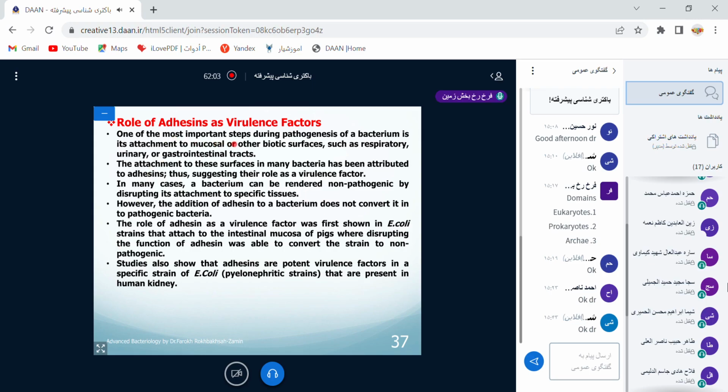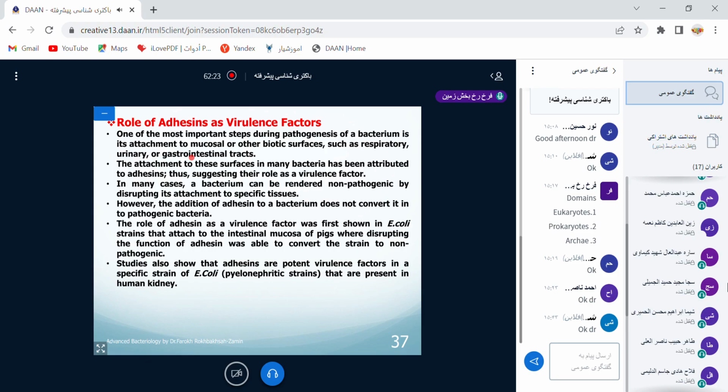One of the most important steps during pathogenesis of a bacterium is its attachment to mucosal or other biotic surfaces, such as the respiratory, urinary, and gastrointestinal tract.